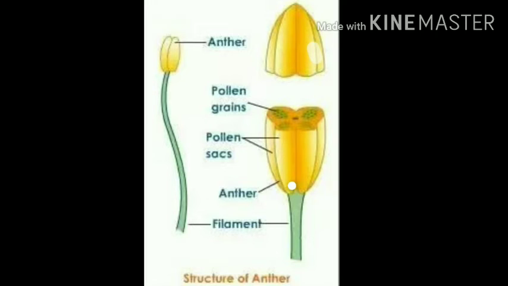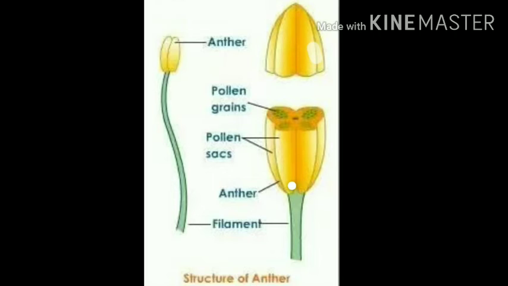I have told you this important point in earlier classes. Perianth is nothing but the fusion of calyx and corolla. So try to understand. If the stamen is attached to that perianth, we can say it is epiphyllous.